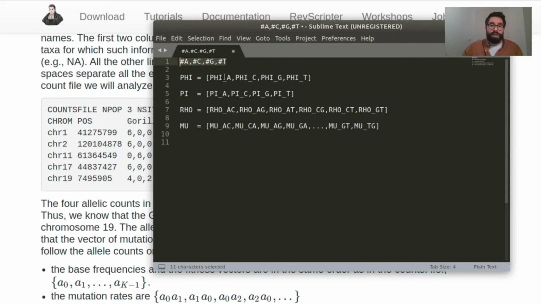I might be interested in determining what the fitness coefficients are and if they are really different or close to neutrality. So it is important to know which order these vectors that will be estimated at the end follow, and this is essentially a way of doing it. Of course, if you have different allelic counts, this will change, but the rationale is essentially explained here.